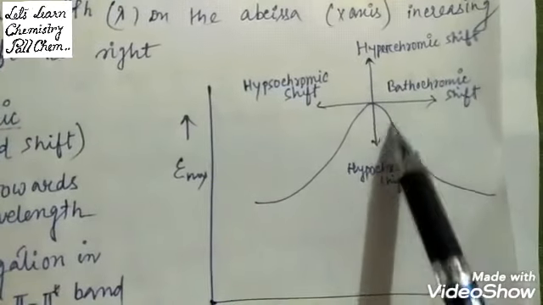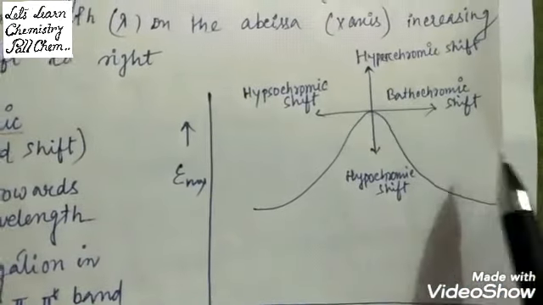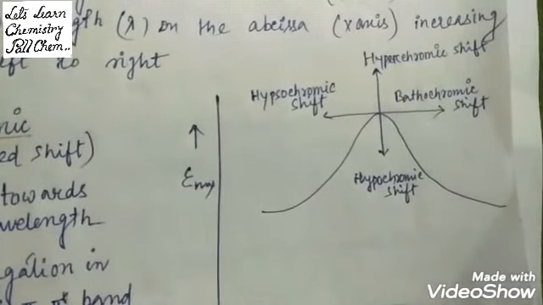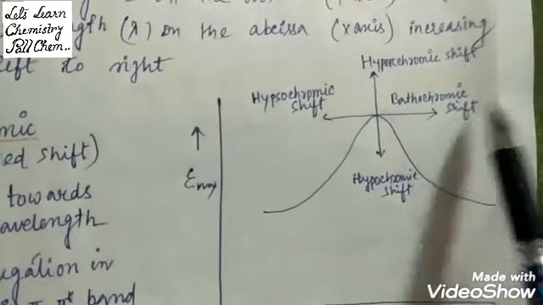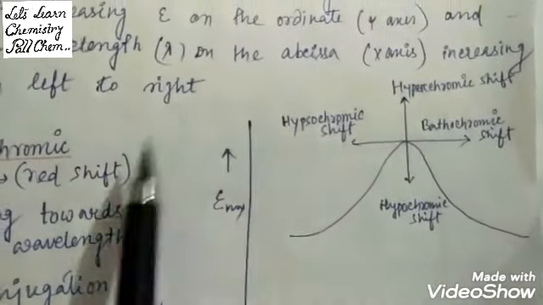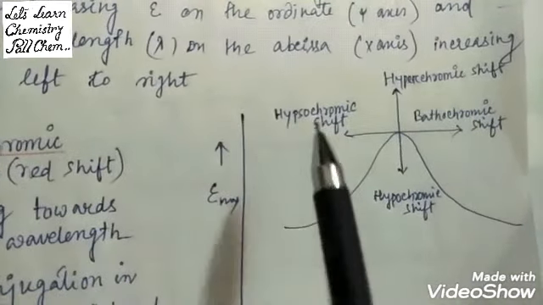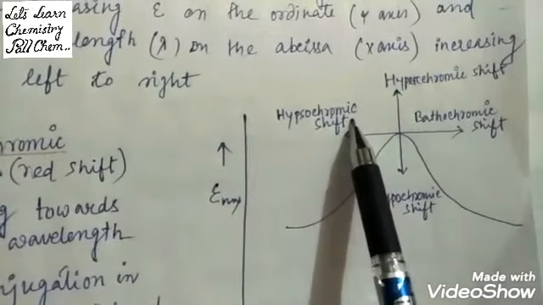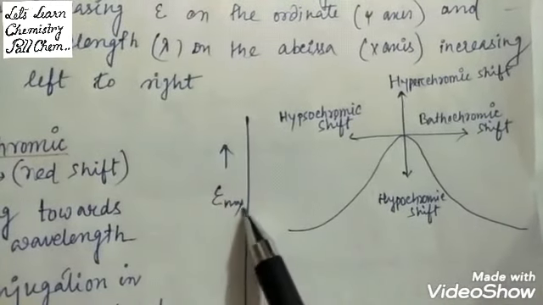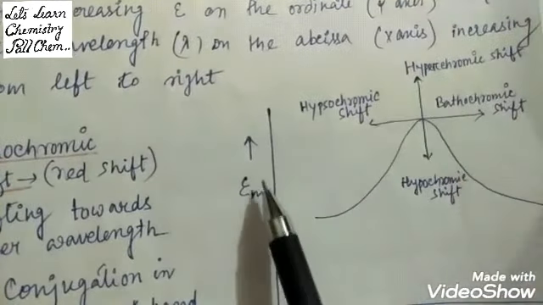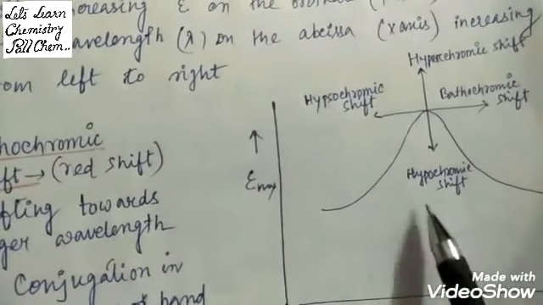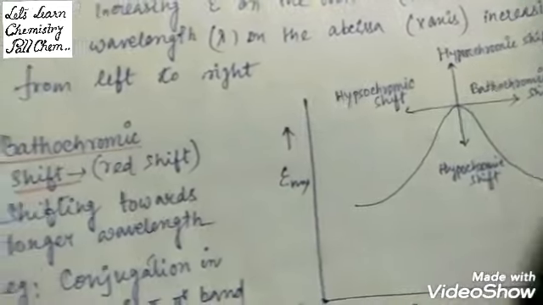So if this wavelength is shifted to longer wavelength, the right hand side, then it will be bathochromic shift, and if it is shifted to shorter wavelength, left hand side, this is hypsochromic. If the epsilon maxima is increased, it is hyperchromic shift. If the epsilon maxima is decreased, then it is hypochromic shift.